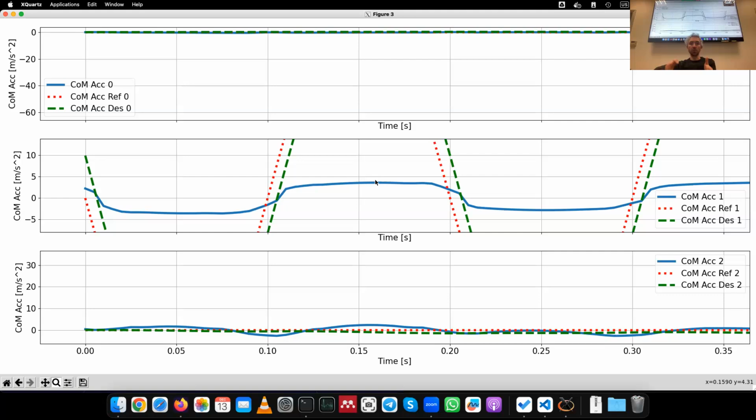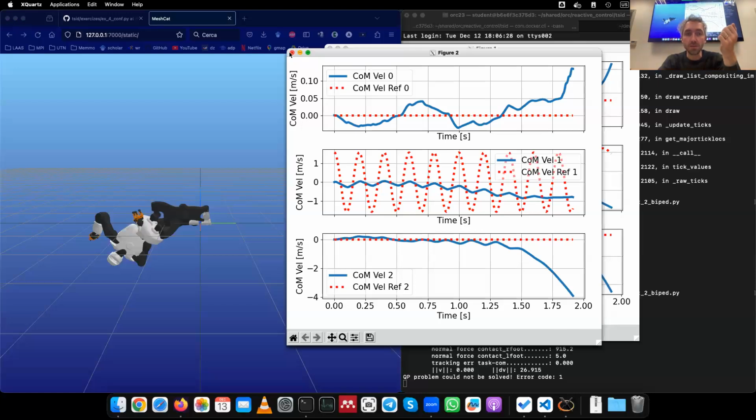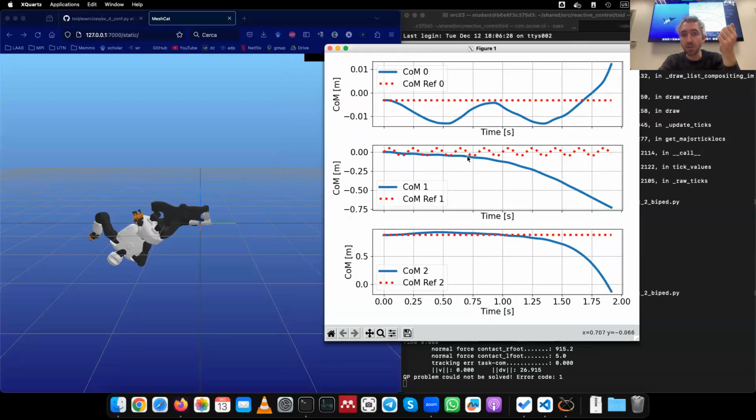But in this case, your foot is fixed on the ground in a certain position, so you can only push so much. So we have this limitation, and even if we ask for a much higher CoM acceleration, we are not going to get it. And the result is that the acceleration tracking is very poor, and that results in a CoM trajectory that diverges to the side.